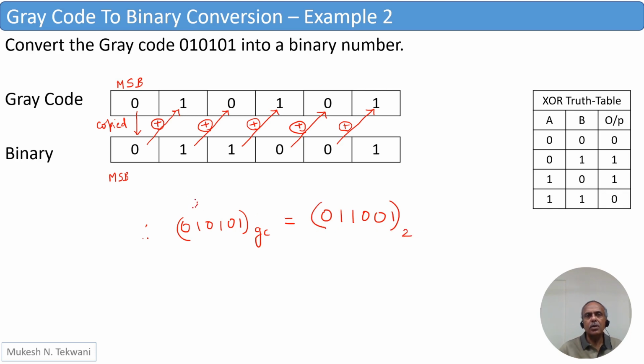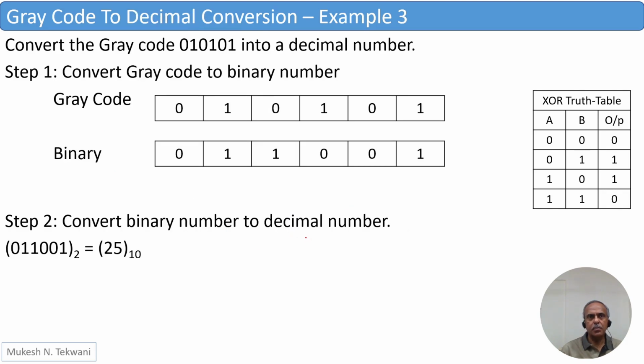So this is how we convert a gray code into its equivalent binary value. In this third example, let us see how we convert a gray code into the decimal number. This will involve two steps. In step 1, we will first convert the gray code into its equivalent binary value.